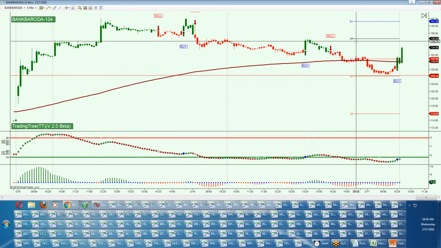You can have one target of 136 for Bank of Baroda. That's the first target. We have a buy in HDIL also. We had a sell call in the morning.